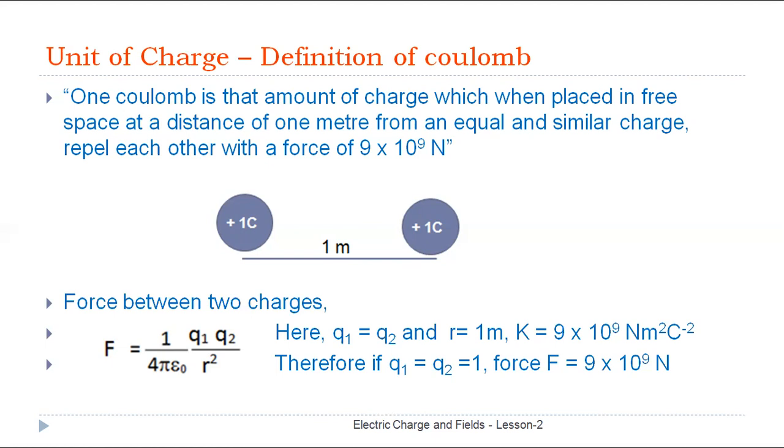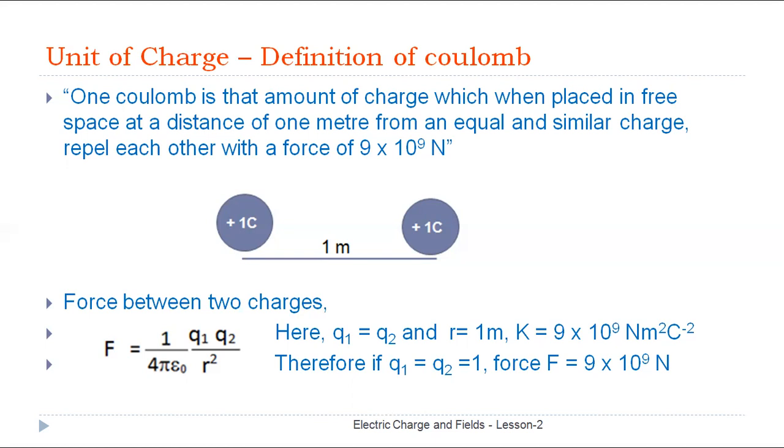That is 9 into 10 to the power of 9 Newton. Therefore, when 1 coulomb charge is placed in free space at a distance of 1 meter from another 1 coulomb charge, the force between them will be 9 into 10 to the power of 9 Newton.